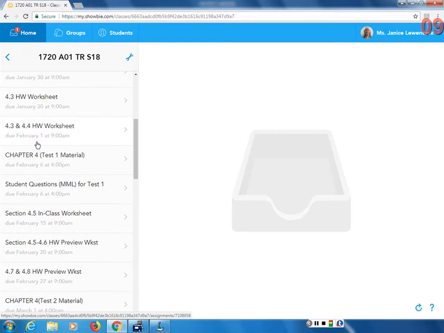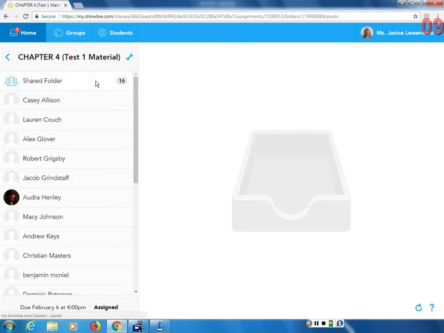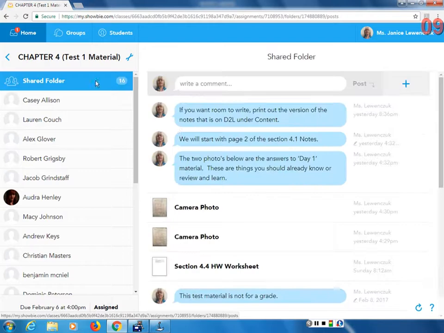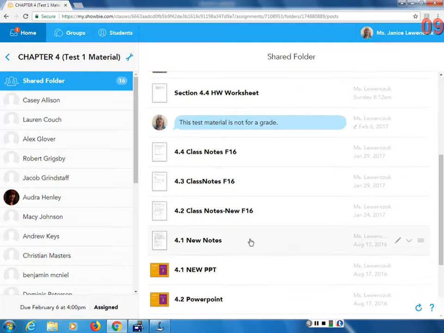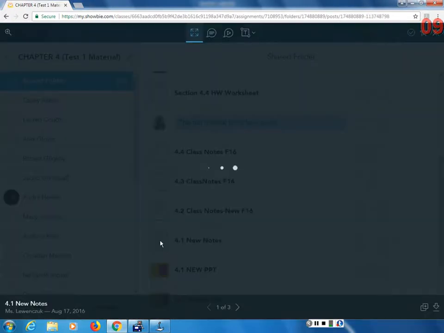And then I have all of the test material posted in here under Chapter 4, Test 1 material. And this is where I said, if you want room to write, print out the version of the notes that's in D2L under content. This version is crammed together. We're going to cover this 4.1 new notes.